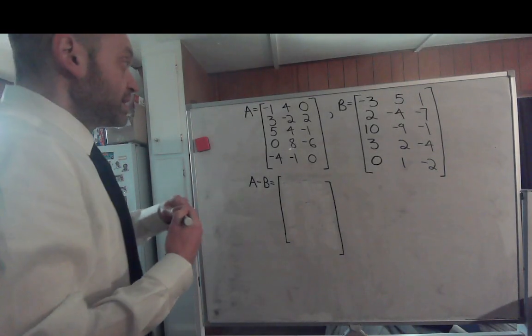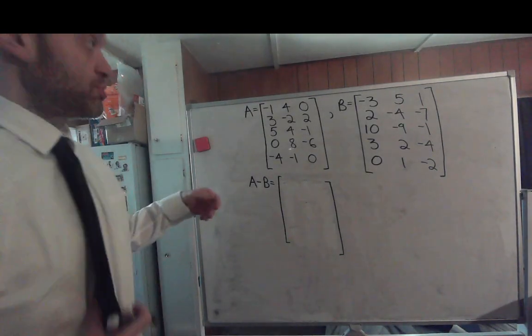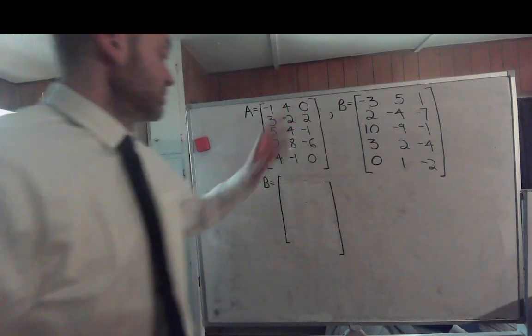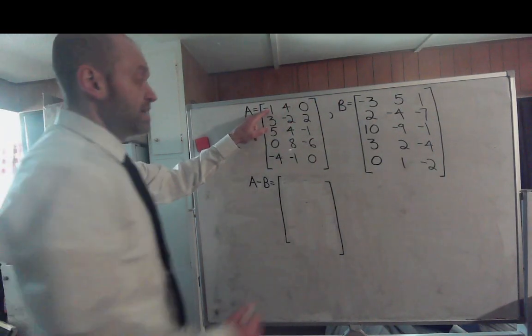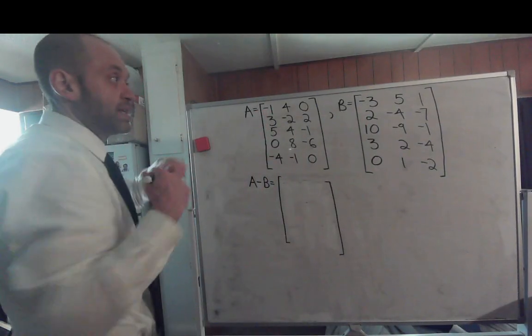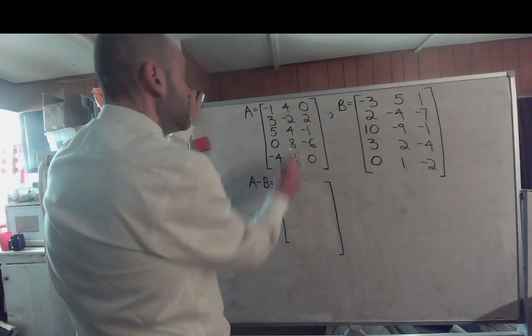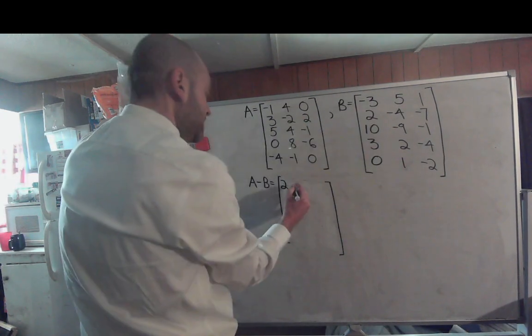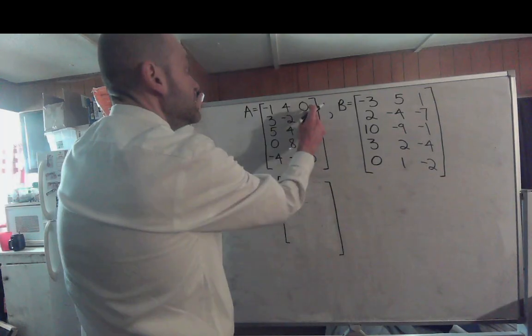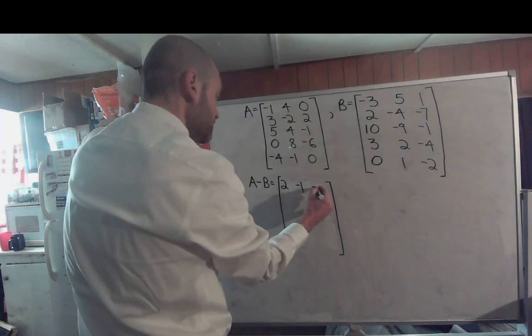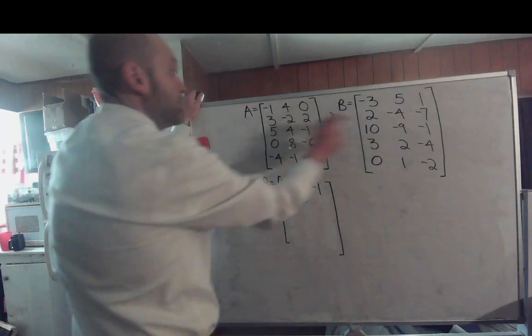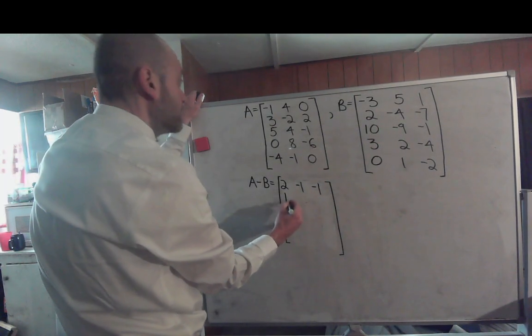So A minus B, we're just going to subtract the entries of B from those in A. Negative 1 minus negative 3 turns into negative 1 plus 3, which is positive 2. 4 minus 5 is negative 1. 0 minus 1 is also negative 1. 3 minus 2 is positive 1.